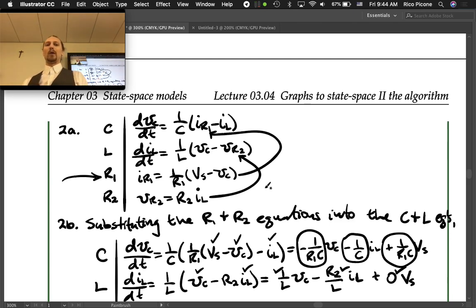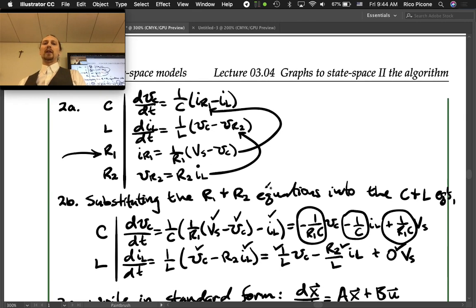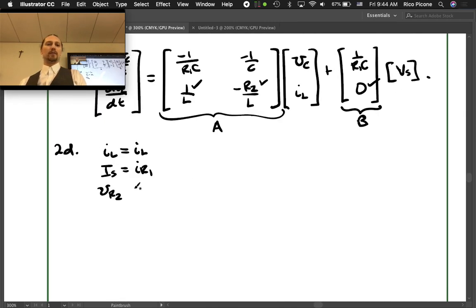So IR1 is just 1 over R1 times Vs minus Vc. Good. So state variable and input variable, so we're done with that one.